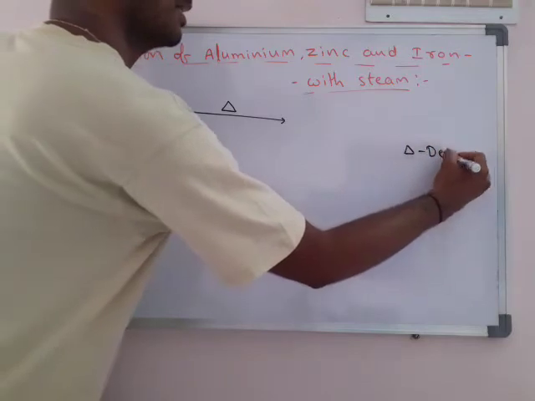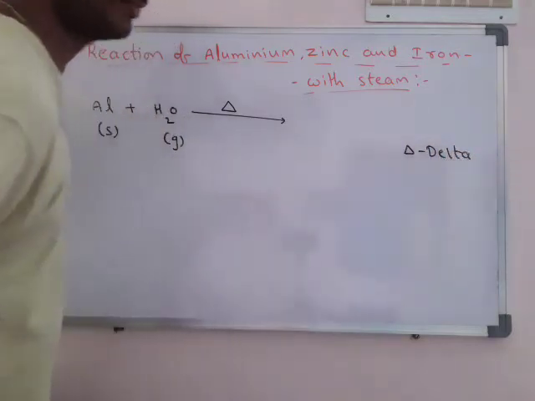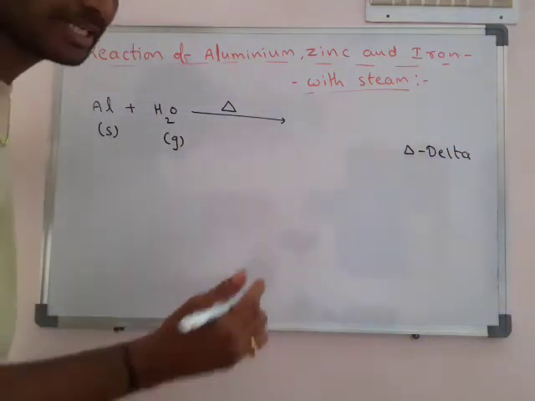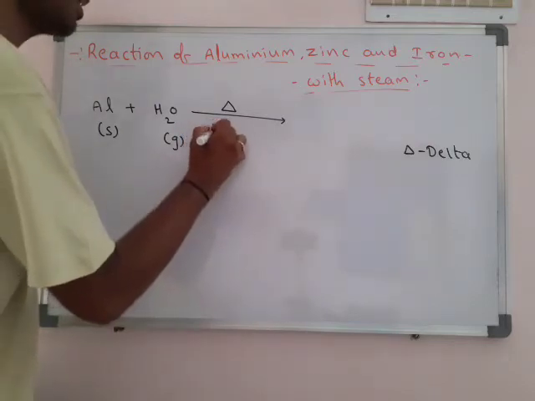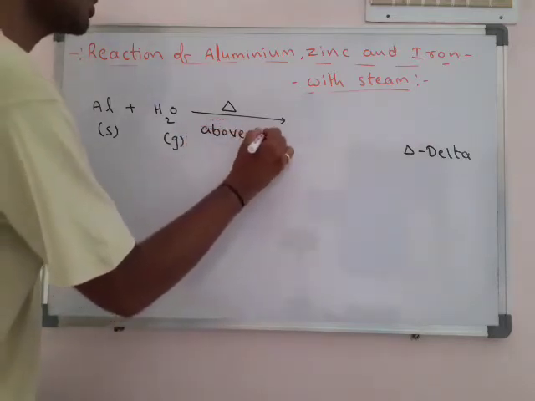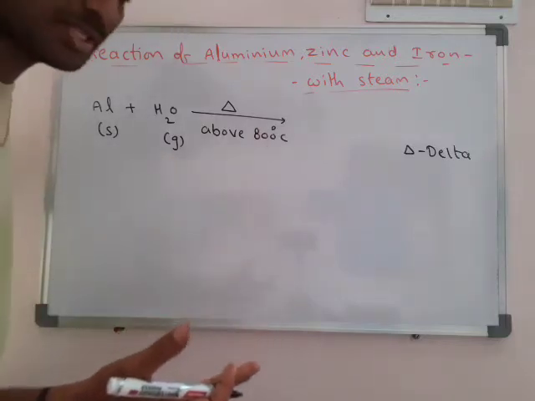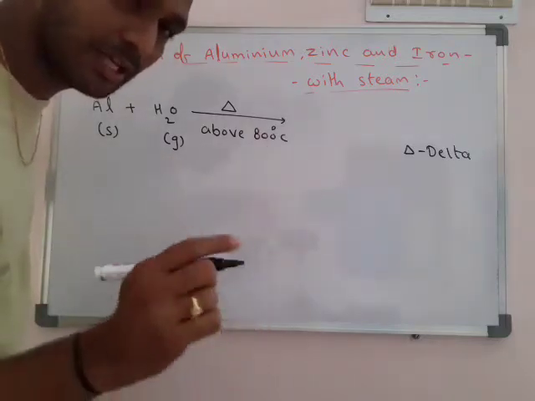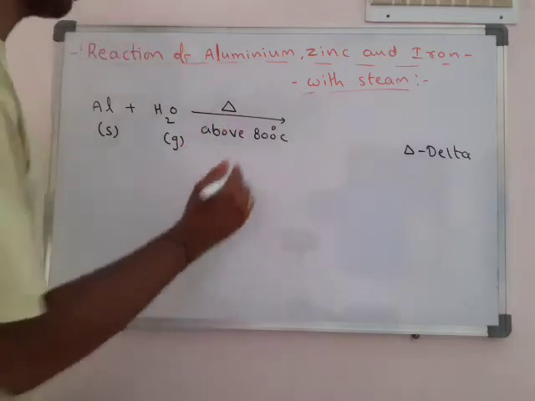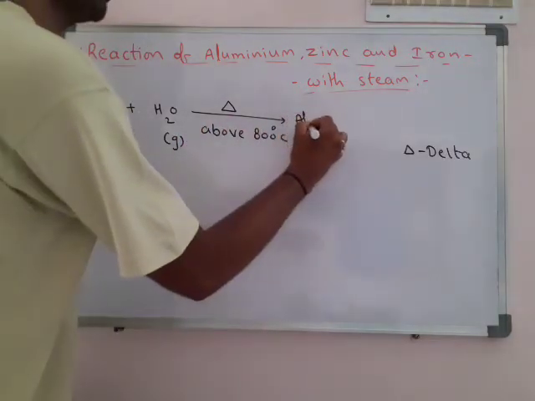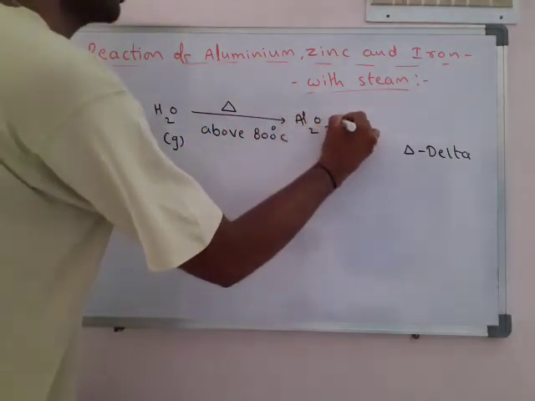This symbol indicates heating, and the reaction occurs at nearly 800 degrees Celsius. Below this temperature, the reaction may not take place. We need to use these conditions compulsorily. Here aluminium oxide is formed.